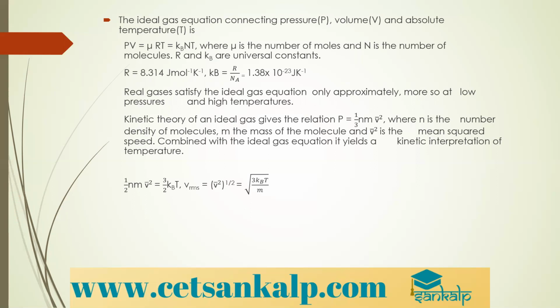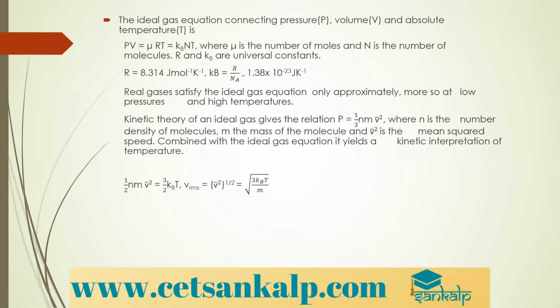The ideal gas equation is an equation connecting pressure P, volume V and temperature T. It is given by PV = mu RT, where P stands for pressure, V stands for volume, mu is the number of moles, R is the universal gas constant, and T is the absolute temperature.